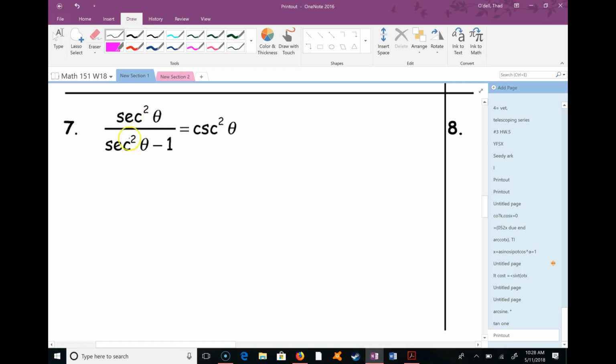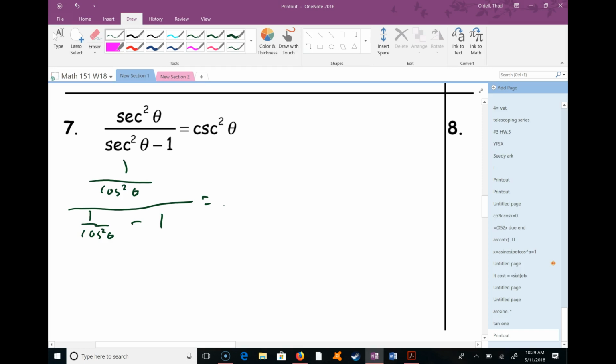So even though these are all secants, there's no way to really simplify that. We could break that into, no, we couldn't even do that. So I think I'd change everything to sine and cosine once again. So this would be 1 over cosine squared on top, and 1 over cosine squared theta minus 1 on the bottom.